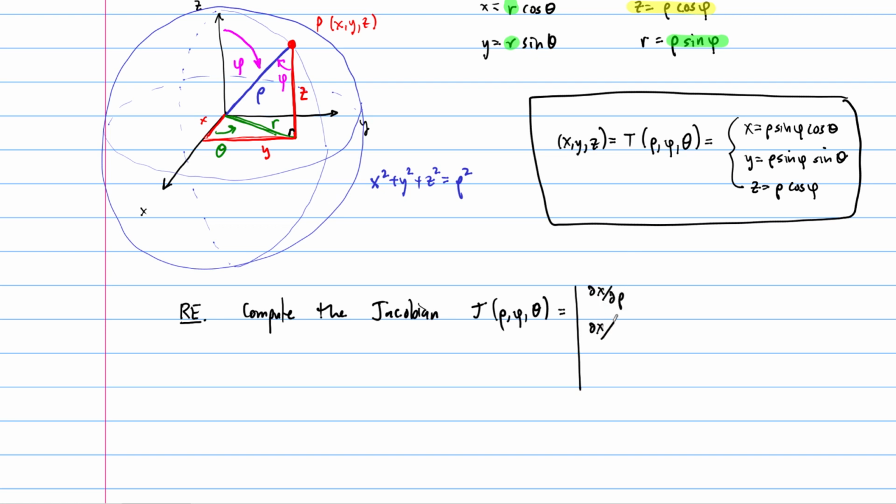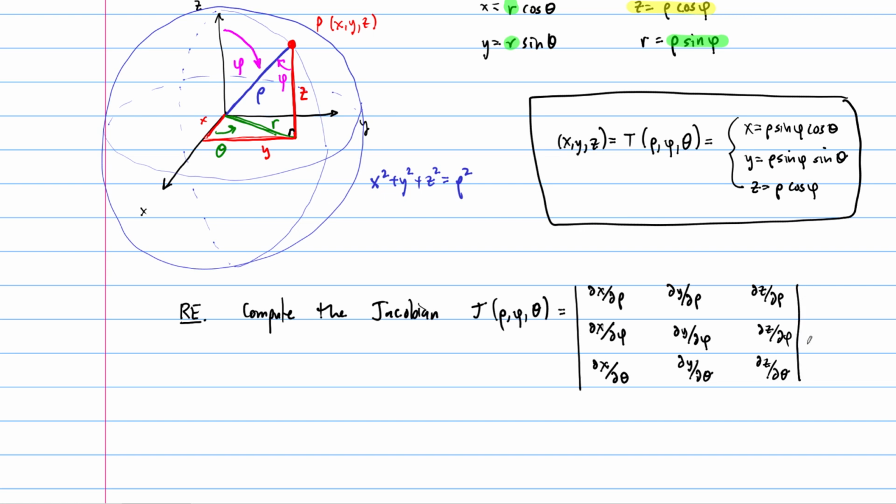The next one is going to be dx by d phi, and then dx by d theta, in this order, okay? And then we do all of them in the same order. dy by d rho, dy by d phi, dy by d theta, and then dz by d rho, dz by d phi, and then dz by d theta.